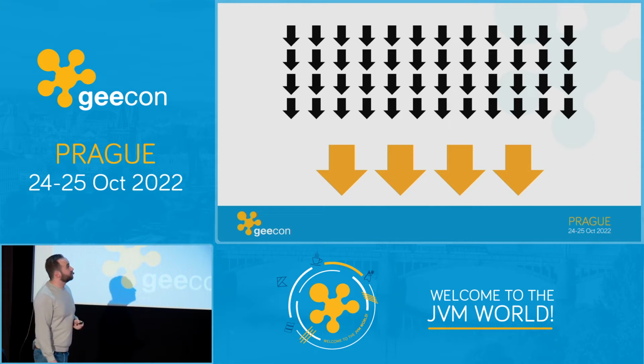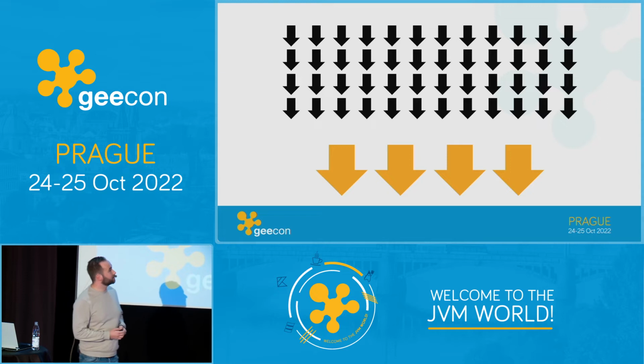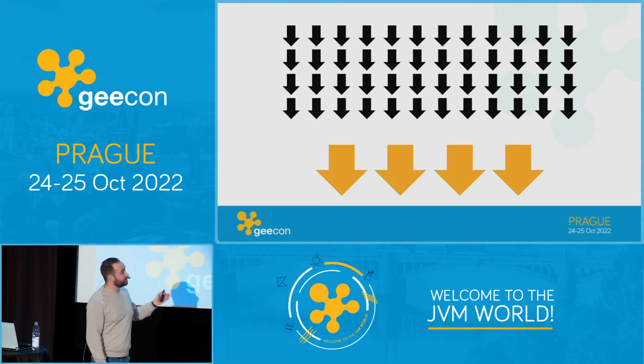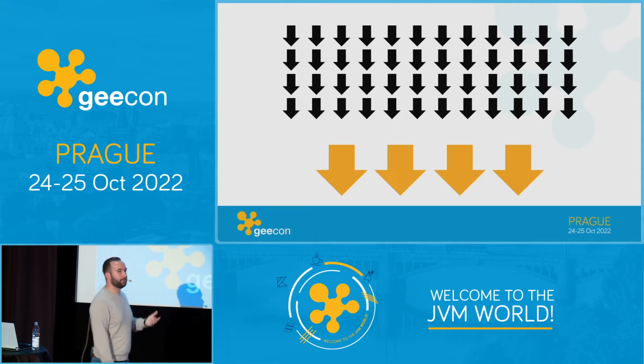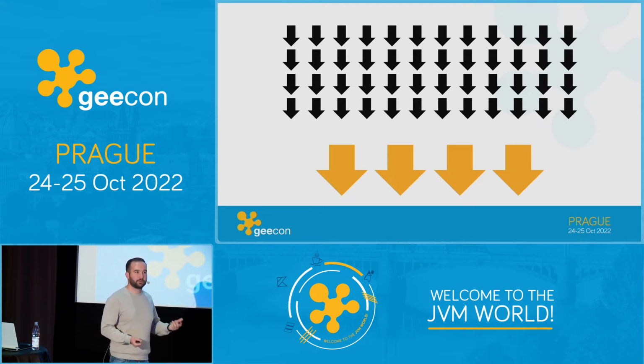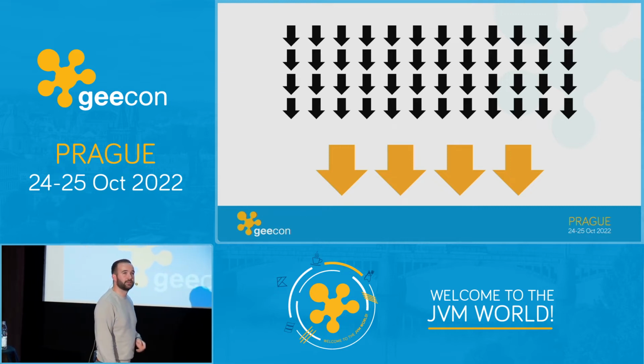So here I have this very simple illustration. I really like arrows, as you may have expected. And at the top, I created arrows that should represent virtual threads. So I created a bunch of virtual threads. And you may be wondering, if they don't take up that much memory, can I create 1 million virtual threads? Yes, you can.